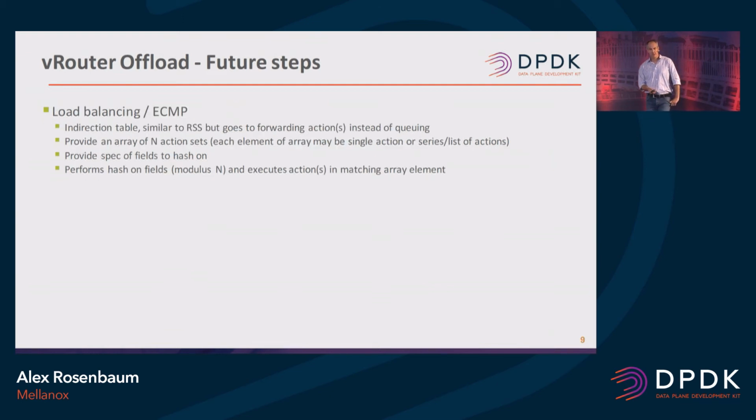Load balancing: we have RSS on the input, so we know how to distribute to multiple queues. In this case, it's the other way around. We have a single send queue, and we want to distribute this into different destinations with different routing decisions in hardware.